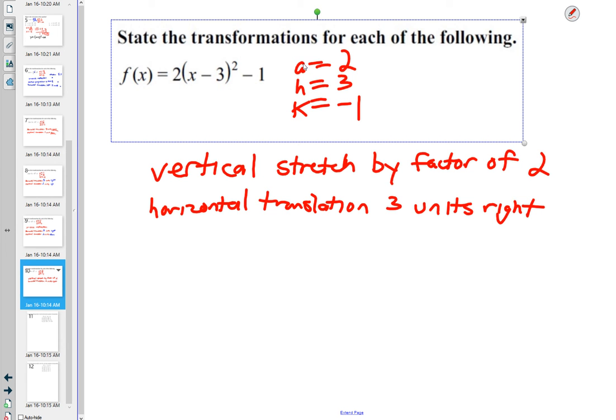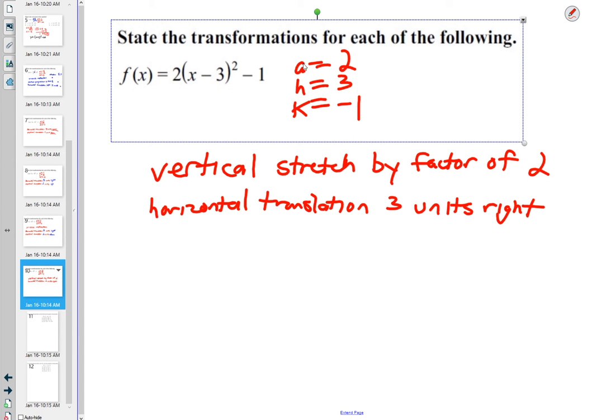And then Brian, what's the last transformation? Jason, you want to redeem yourself?